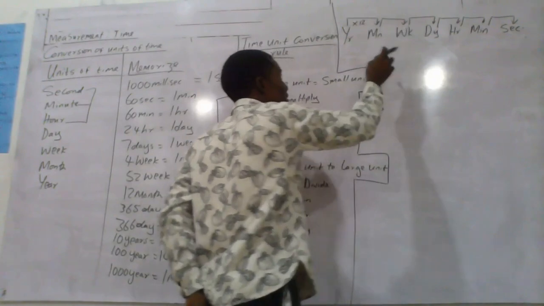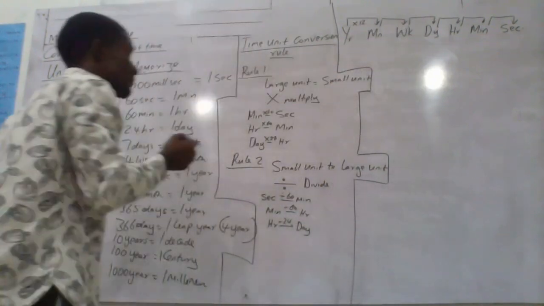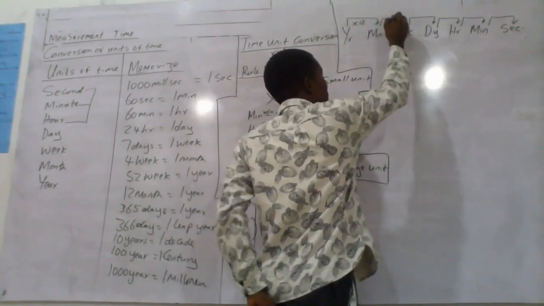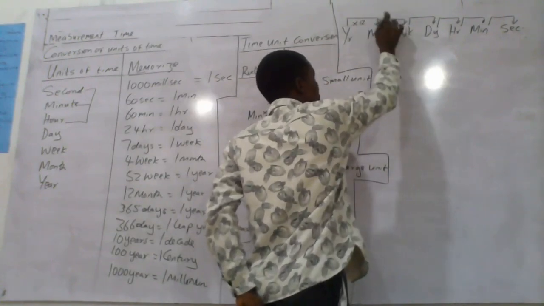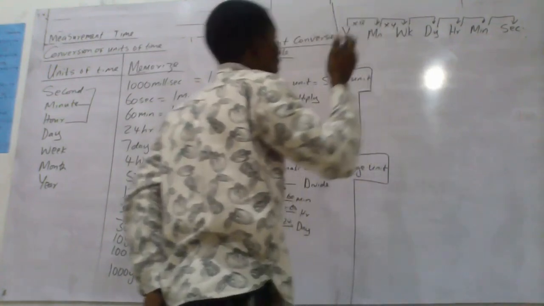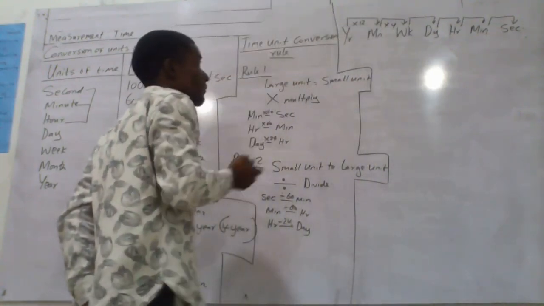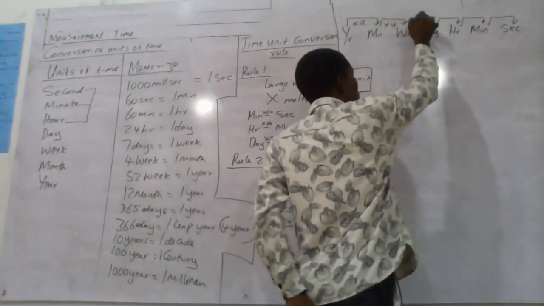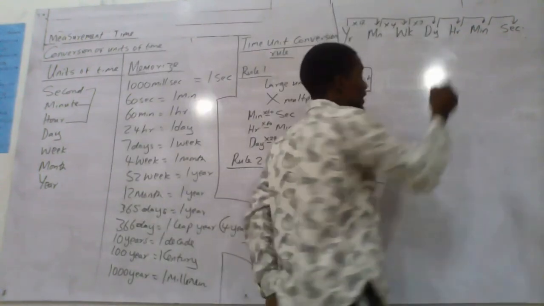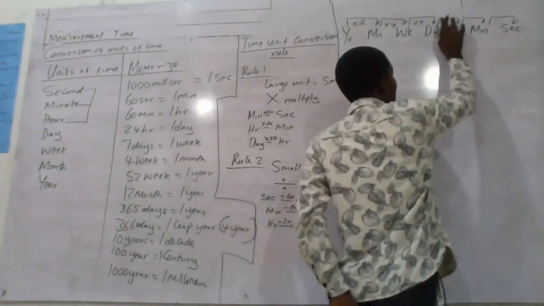How many weeks gives us a month? 4.3, but I'm going to write 4. How many days makes a week? 7. So I multiply by 7. How many hours make a day? 24. I multiply by 24.